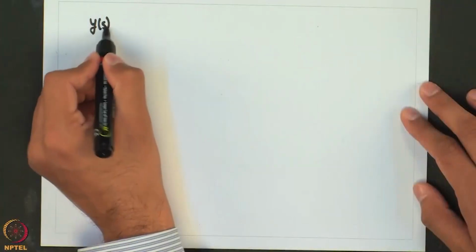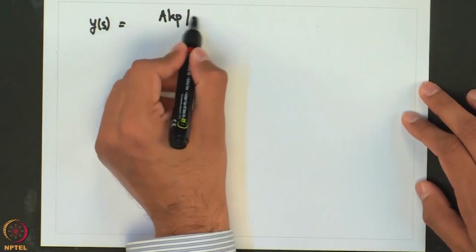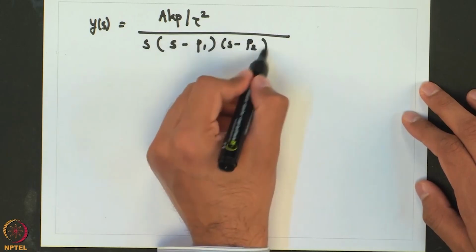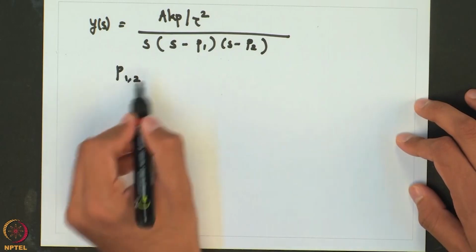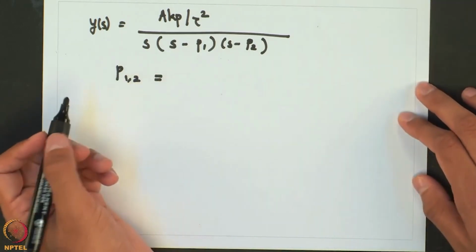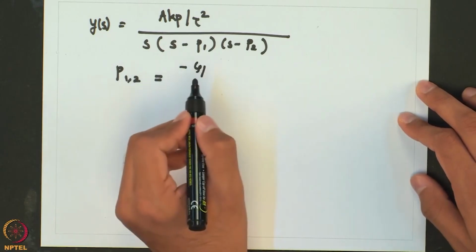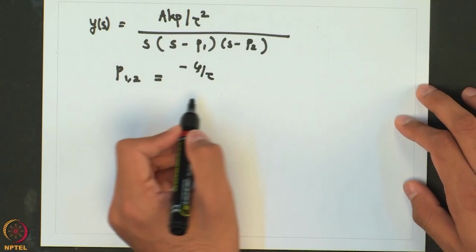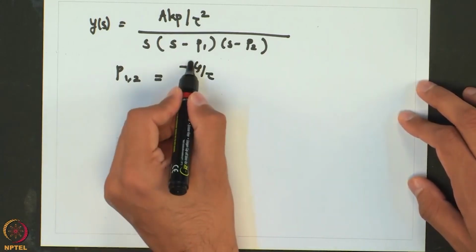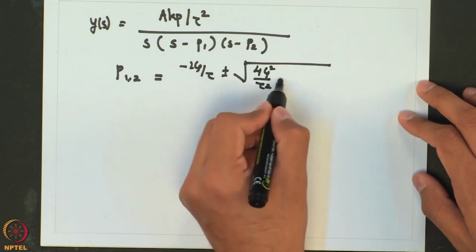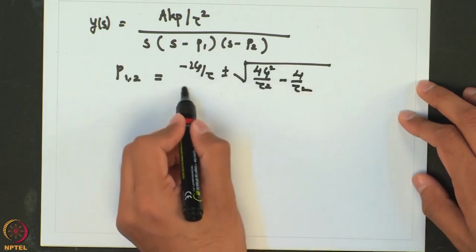To do that, we will write Y(s) is equal to A Kp over tau square, over s times (s minus p1) times (s minus p2), and p1, p2 will be given by the roots of this particular polynomial, which would be minus b plus minus root of b square minus 4ac, over 2.